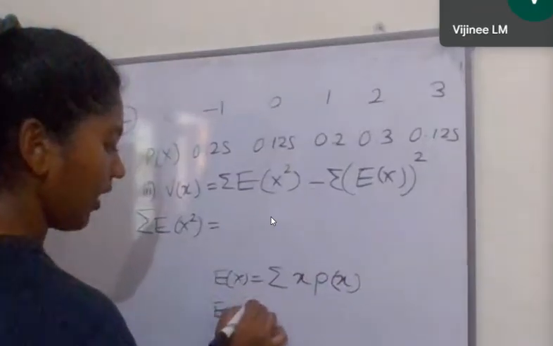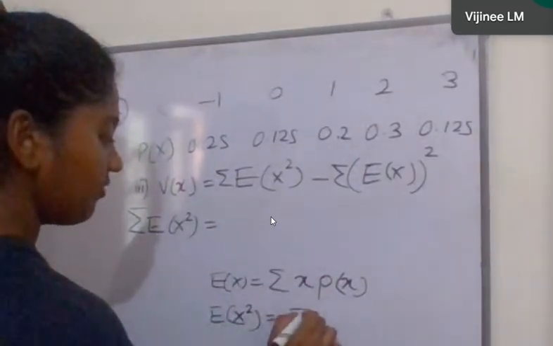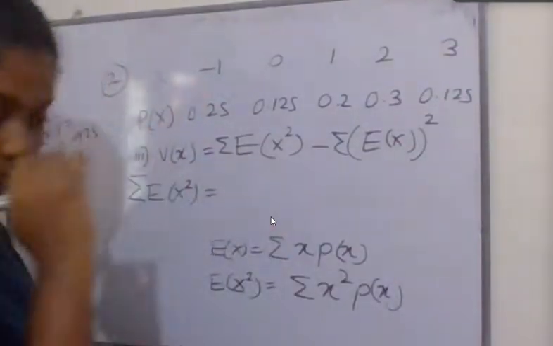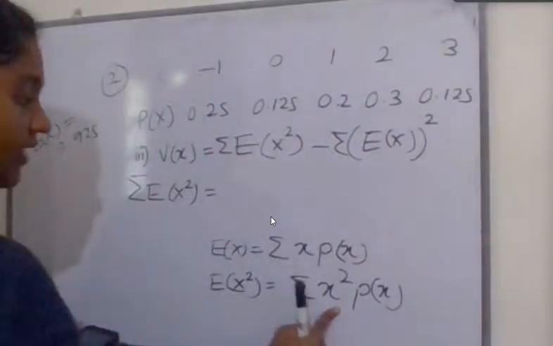So E(x squared) we find sigma x squared P(x).